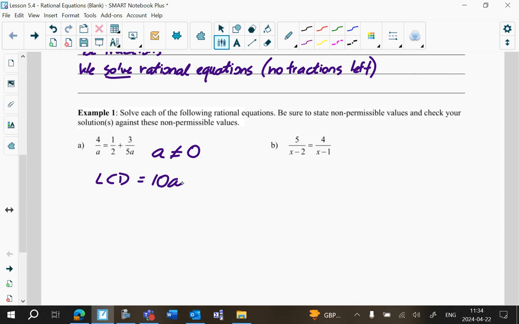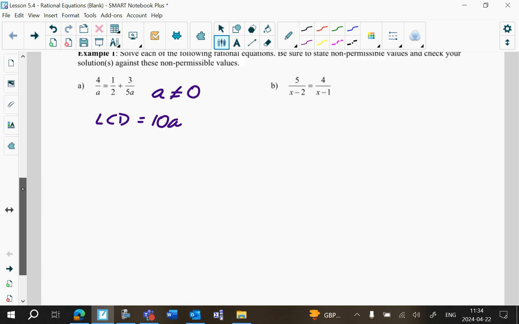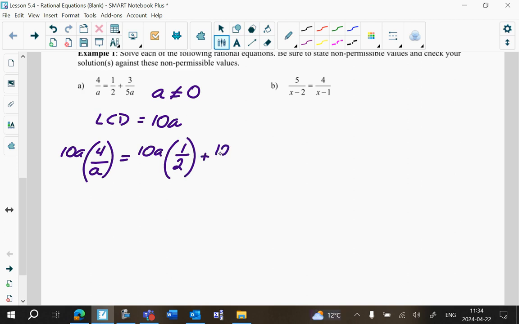Now, we're going to multiply every term by 10A to get rid of the fractions. And remember, 10A is the same as 10A over 1. So we can do some canceling. We can do some reducing.